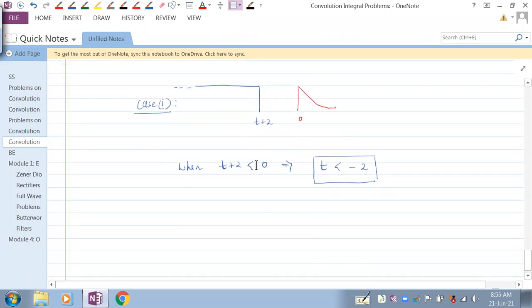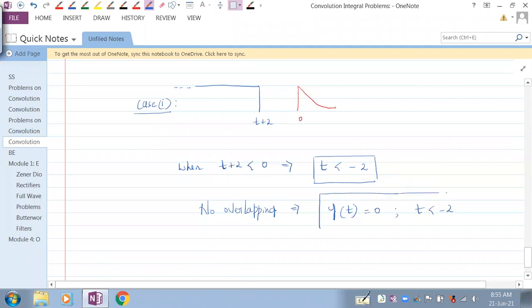Understand that? So we can say no overlapping, which implies that y of t is 0 for t less than minus 2. So this is the first case, no overlapping case.